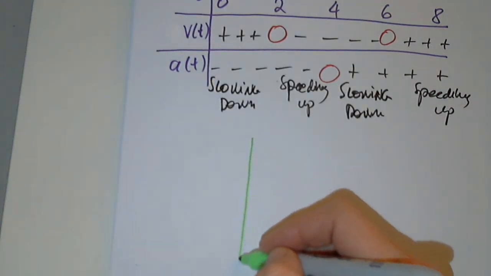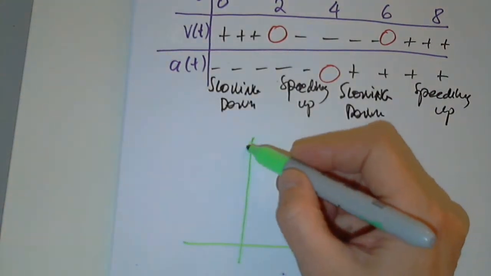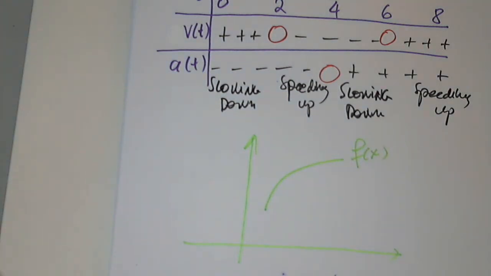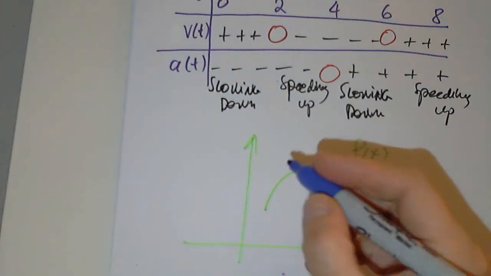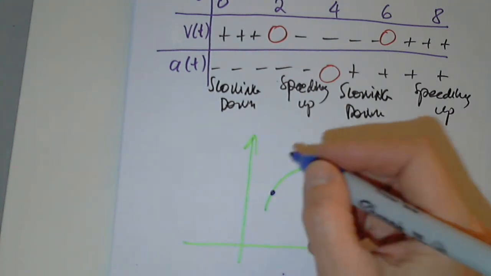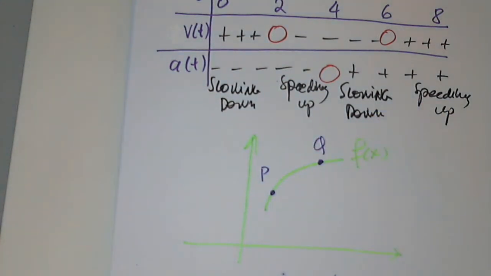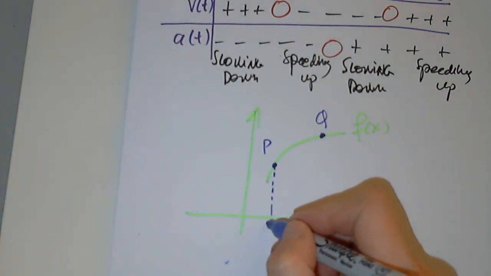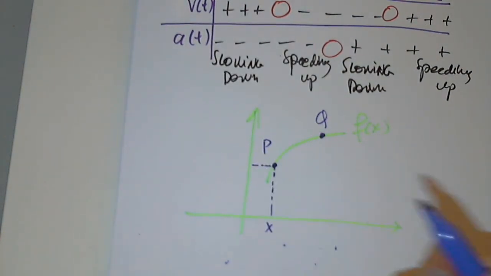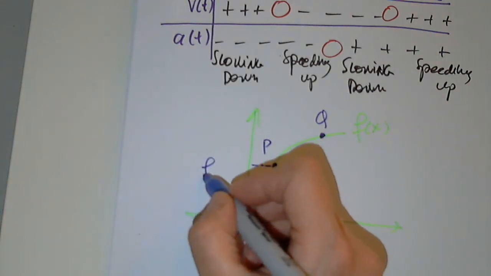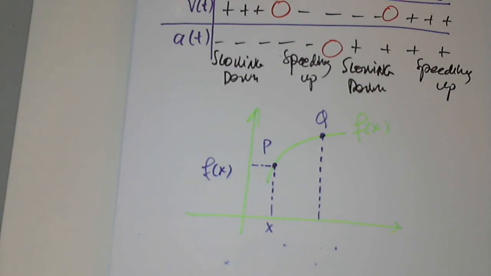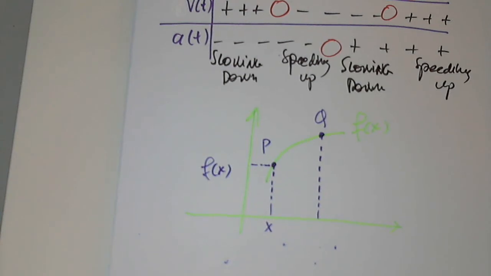Okay, so here's a function, f of x. Of course, there is a point P, our best friend, and there is a point, his best friend, Q. This has x, and what is the y coordinate? This time, you're going to say it's x plus h, because we've done this several times.